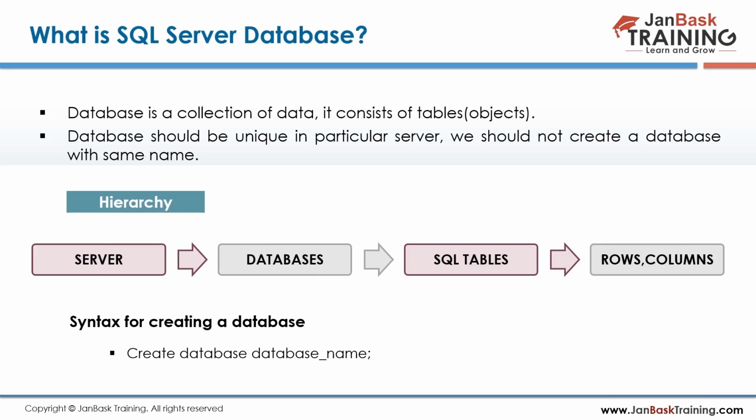That means in one server you can have multiple databases, and in one database you can have multiple tables. In the credit card database you may have multiple tables, and maybe in the loan database you have multiple tables. And the tables are nothing but rows and columns, which is totally obvious. So this is the hierarchy we have for the SQL Server.